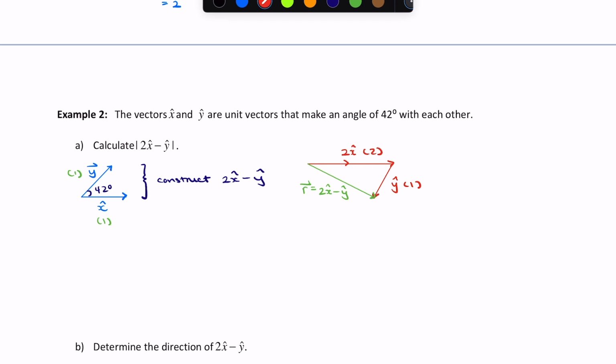Here we see that our angle over here is 42 degrees, which means that we know that this angle would equal 42 degrees as well.